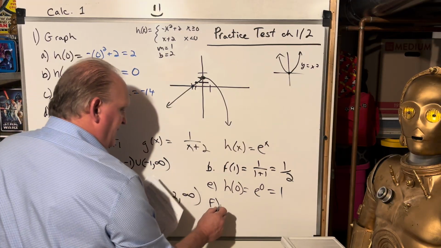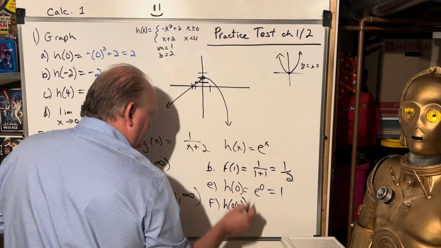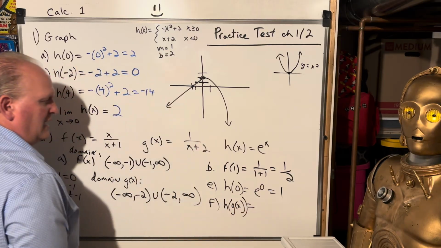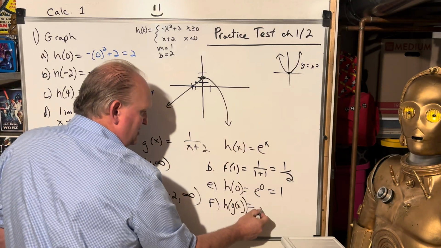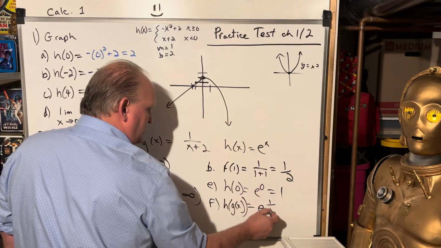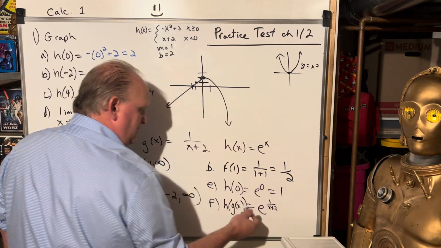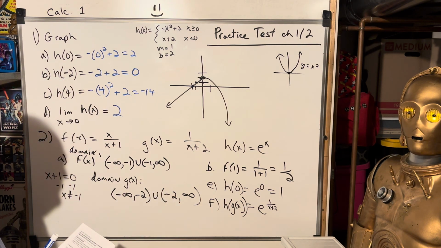And then find h of g of x. That's also pretty easy in the context of these problems, because you're just taking this and putting it in for x. So that's just going to be e to the 1 over x plus 2 power. That's all. There's nothing to simplify there.